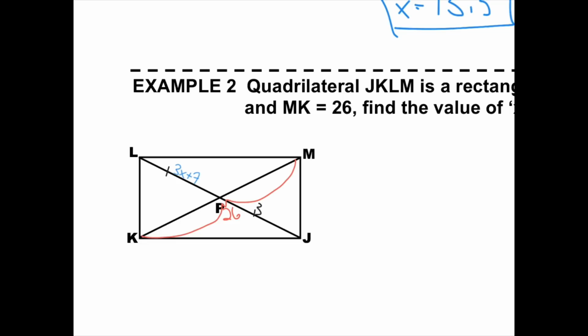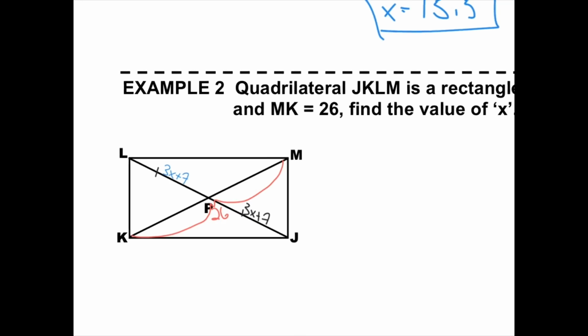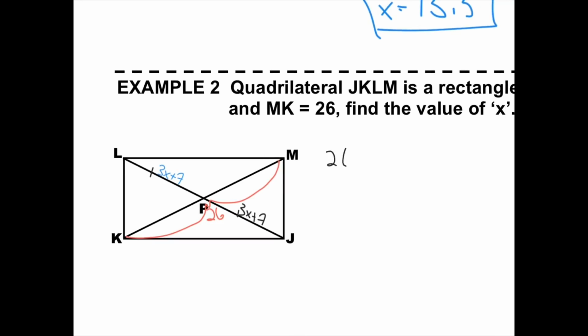So I really have 3x plus 7 here as well. So I need to add those two pieces together and then set it equal to the whole of the other one. So I'm just going to do 2 times (3x plus 7), because that's what it is, equals 26. I'm going to distribute, so 6x plus 14 equals 26. Subtract the 14 from both sides, 6x equals 12, which gives us x equals 2.